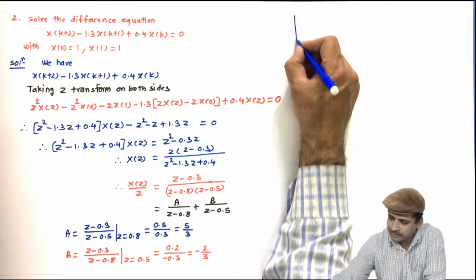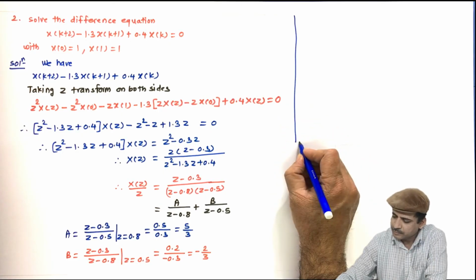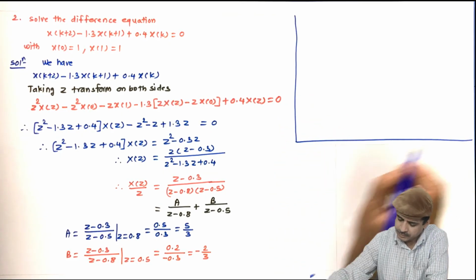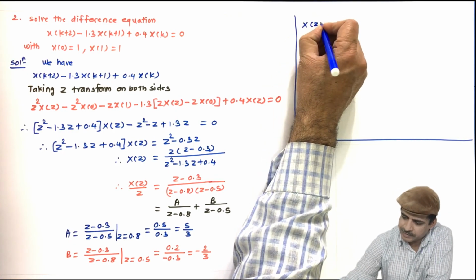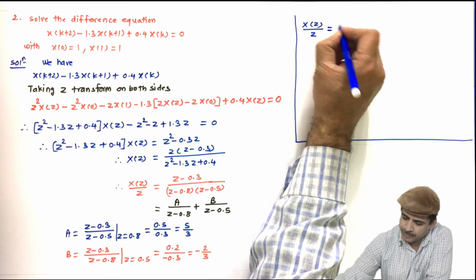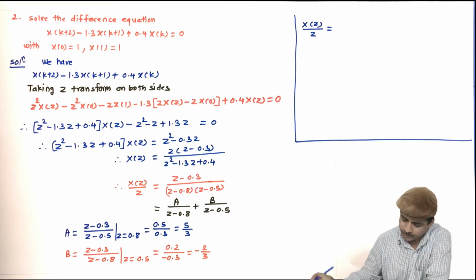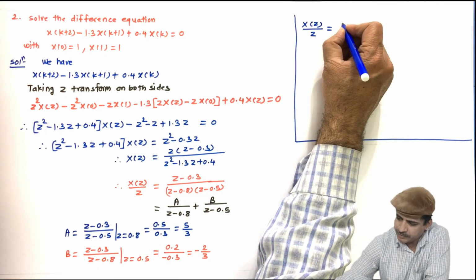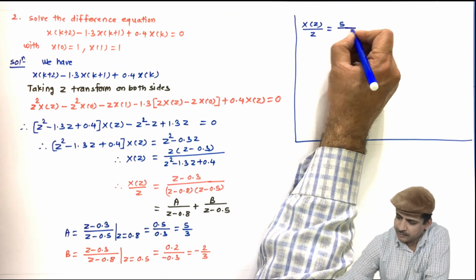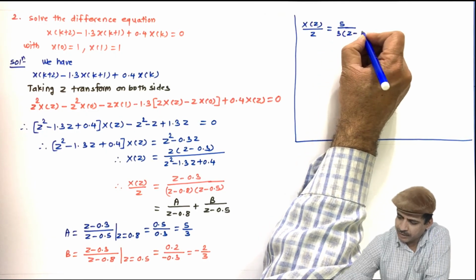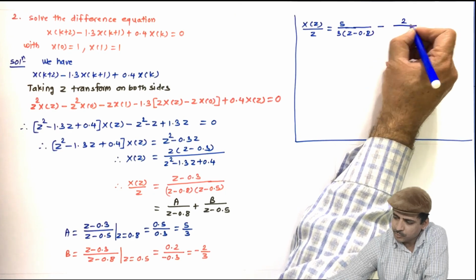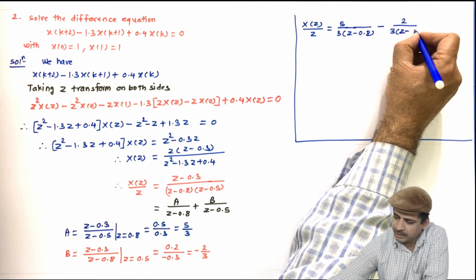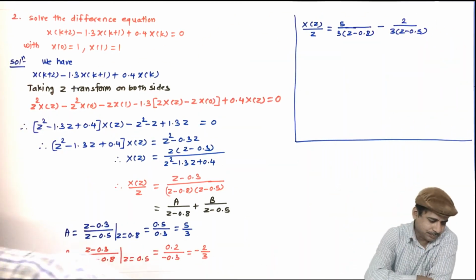And so what I get here is x of z by z is equal to 5 by 3 into 1 over z minus 0.8, minus 2 by 3 into 1 over z minus 0.5.